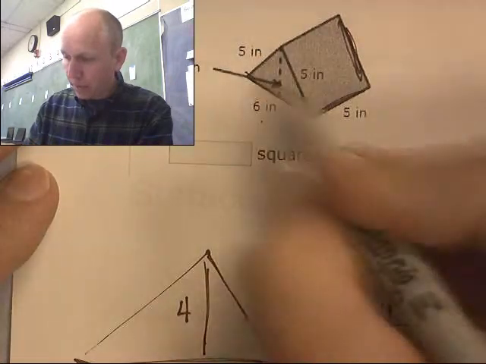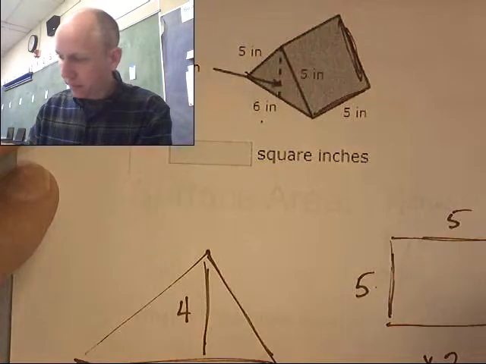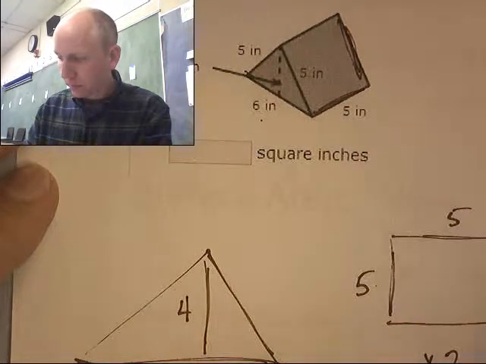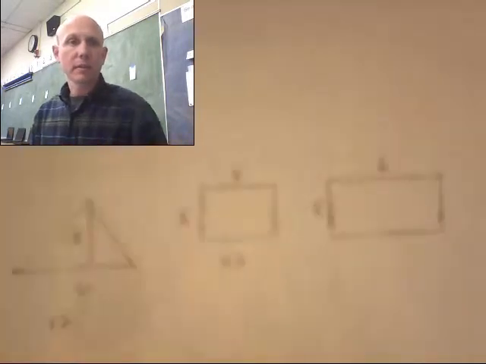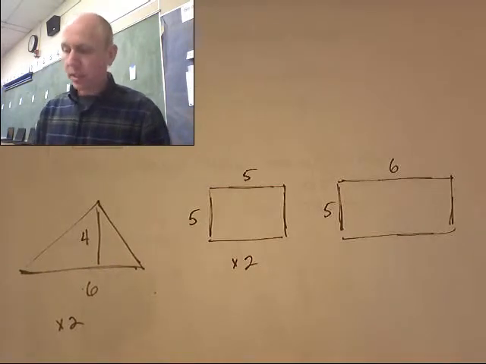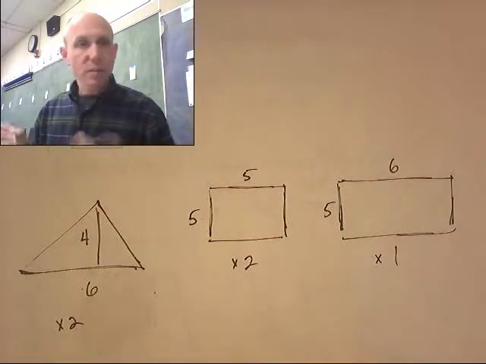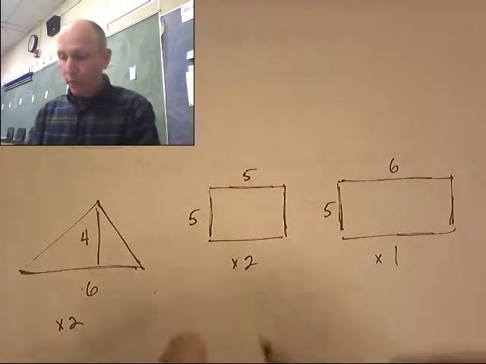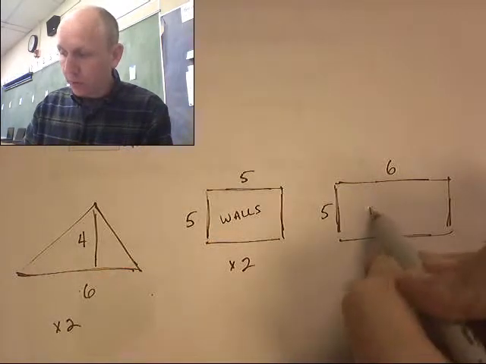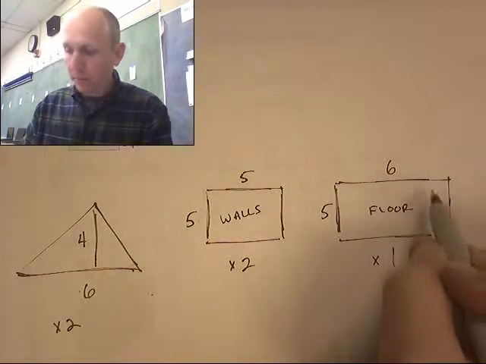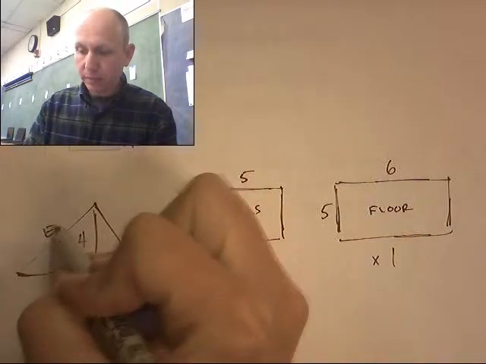And then what's the bottom of this? The bottom is a 6 by 5. So 5 by 5, a 6 by 5. So these are the pieces, and I only need 1 of those. These are the pieces that make that tent up. I have the walls. I have the floor. I have the ends.